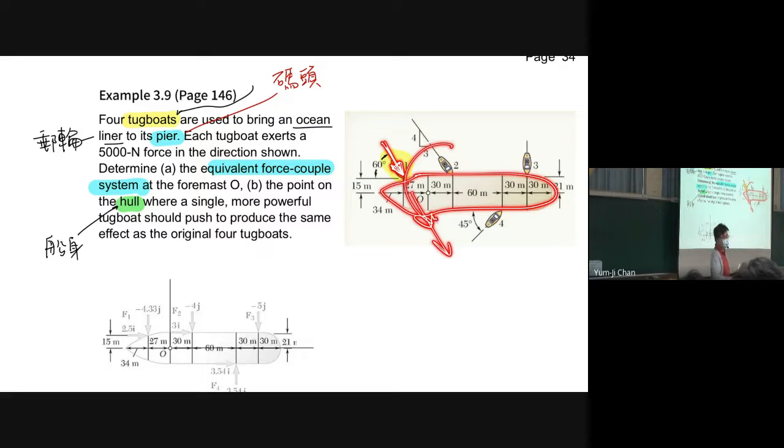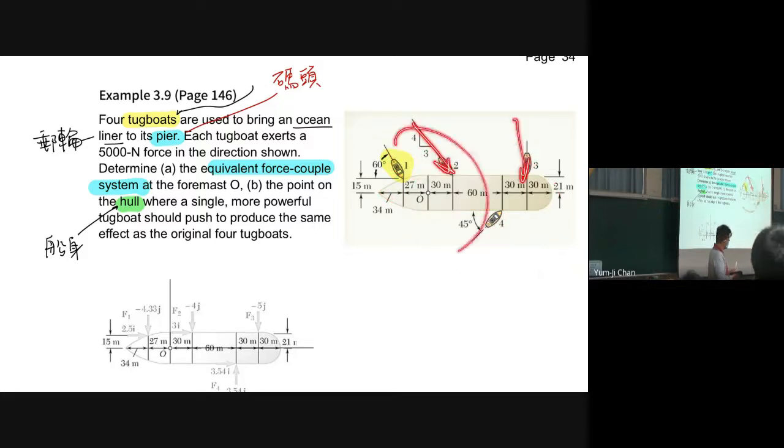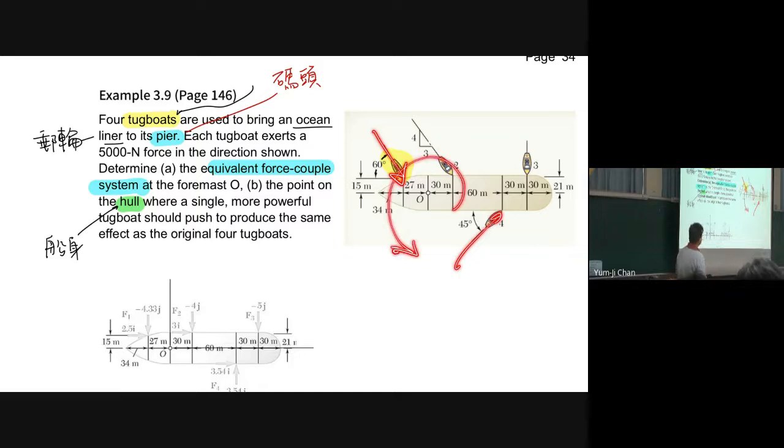If only one ship. So we have another ship pushing this way, and we have this one and this one. These two will push it in the clockwise direction, and these two push it in the anti-clockwise direction. And we want to know the total moment due to the forces acting by these four tugs.